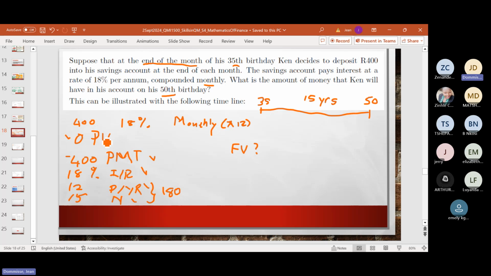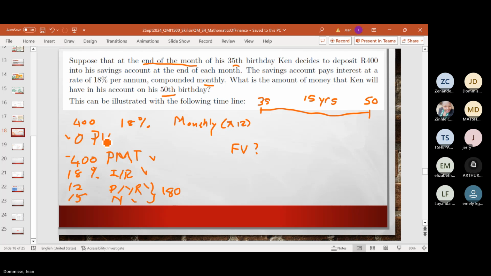Then 15 N, and then if you press future value, you will get that value as well. So it is working out this time around.